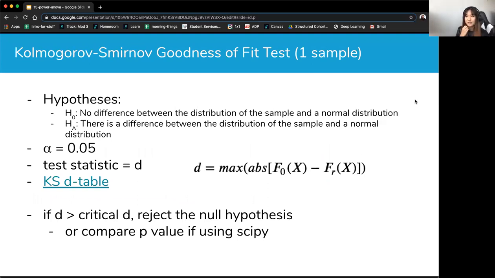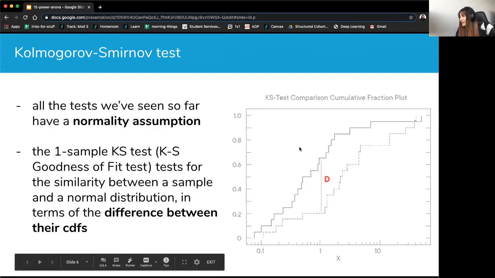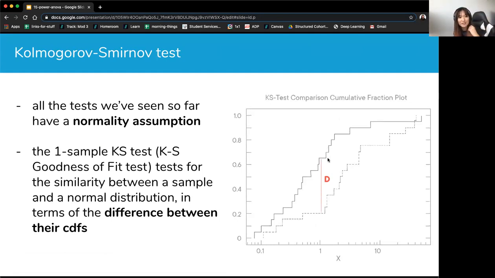The alternate hypothesis here is that there is a difference between the distribution of a sample and a normal distribution, so therefore the sample that you have is not normally distributed. So we can set our alpha at 0.05 as usual, and here we have the test statistic, which is D. The test statistic D, as I was showing here, is literally the maximum distance between your 2 CDFs.